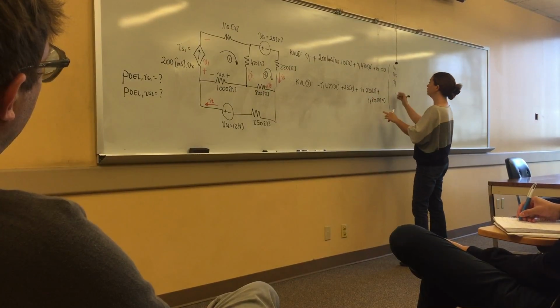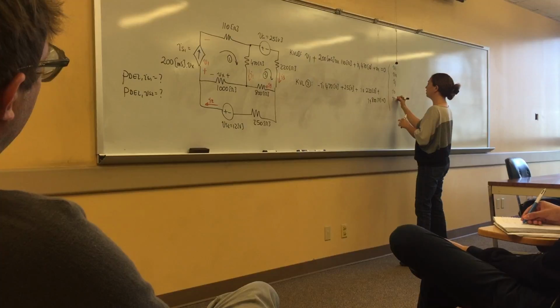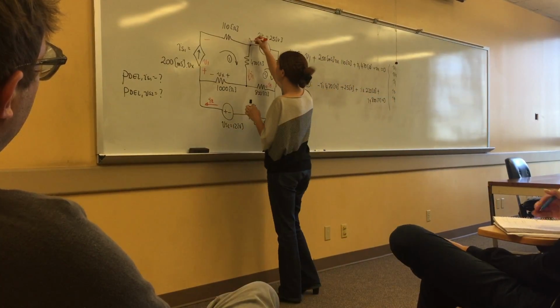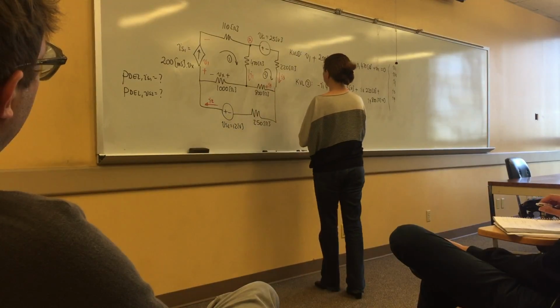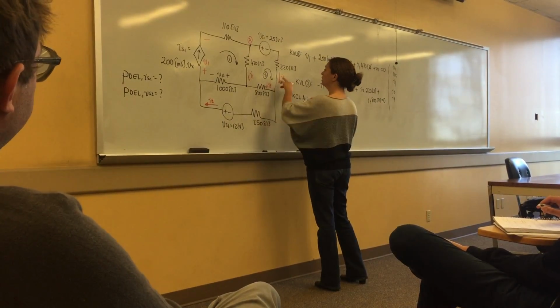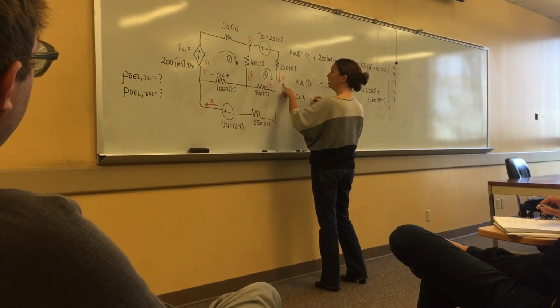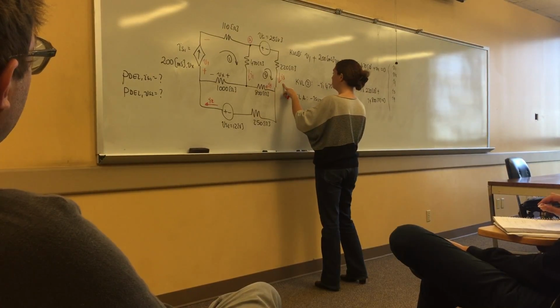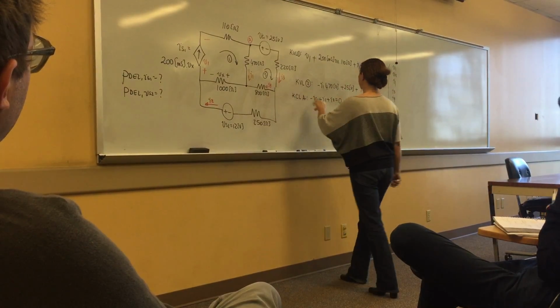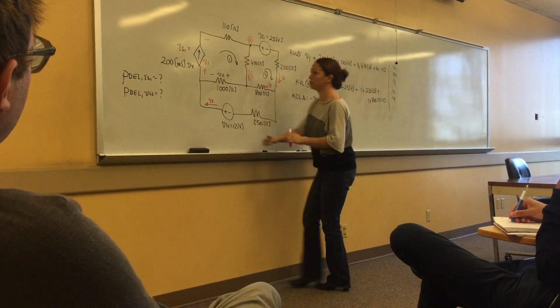Now, what did I introduce? I did I3 and then I4, right? So let's do a KCL over here. That actually makes I3 known because we have negative IS1 plus I1 plus I3 equals 0. That's good.